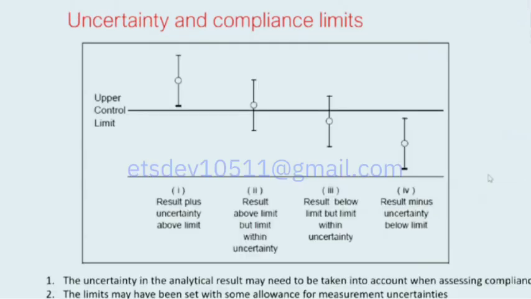All right. So the uncertainty in the analytical result may be taken into account when you are assessing compliance, and all of you are regulatory officials and you have to give your opinion. So you need to understand how to do this. Is the result plus uncertainty above the limit, or is the result above the limit but within the uncertainty, or is the result below the limit but the limit is within the uncertainty, or is the result minus uncertainty below the limit?